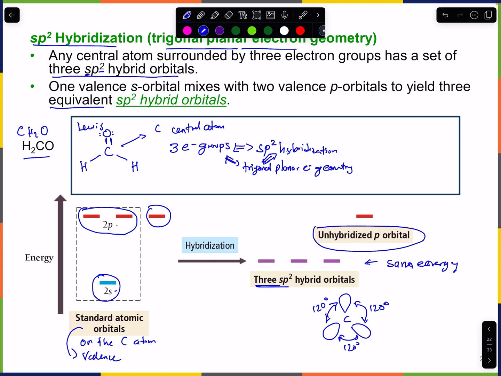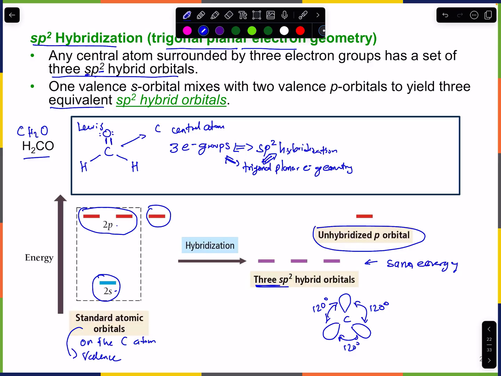Please note that the sp2 hybrid orbitals are lower in energy than the unhybridized p orbital. That's always going to happen. Every time you have unhybridized orbitals, those are going to be higher in energy than the hybridized orbitals, right? So this mixing of hybridization is also going to lower the energy of the orbitals.